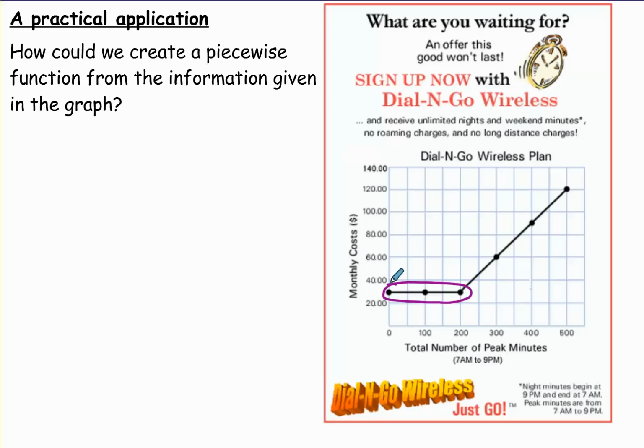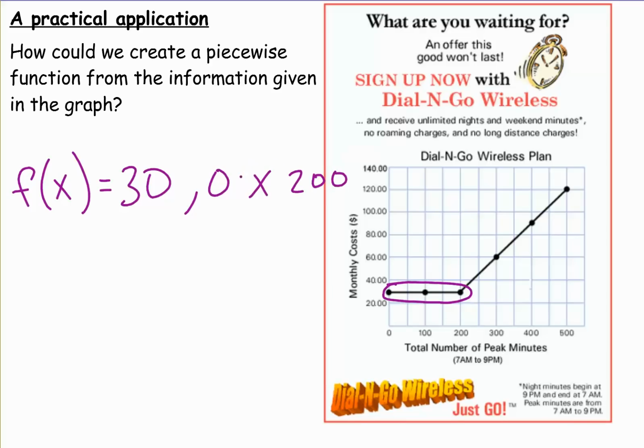Well, that's $20 and $40, so that's going to be $30. So f of x equals 30, and my constraint would be from 0 to 200 minutes. So we'll say we're greater than or equal to 0 and less than or equal to 200.